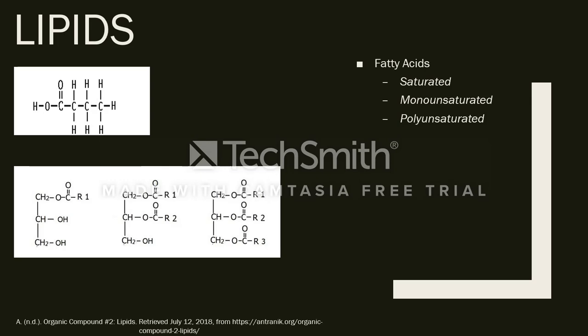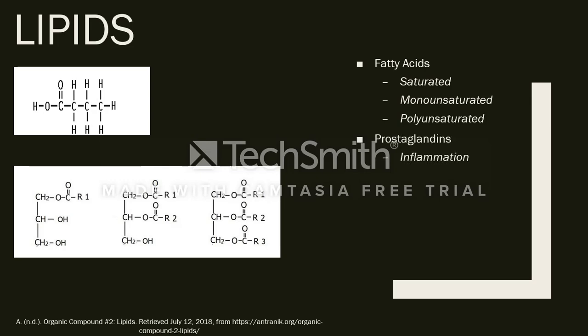And then the third type of fatty acid we're going to dive into is the polyunsaturated fat, which is simply an unsaturated fatty acid, except that the hydrogens are actually missing in more than one place. That is why it's called polyunsaturated. Poly meaning more than one.